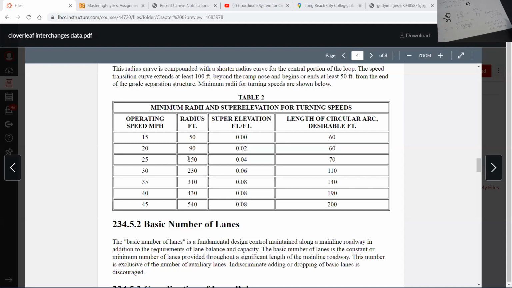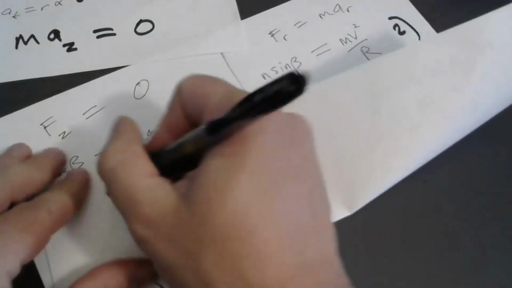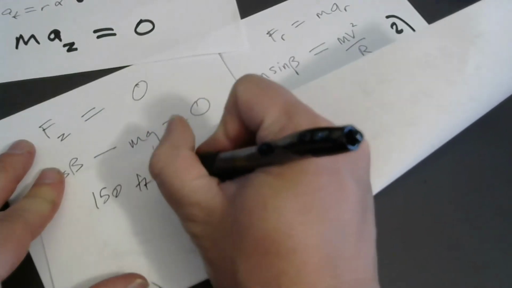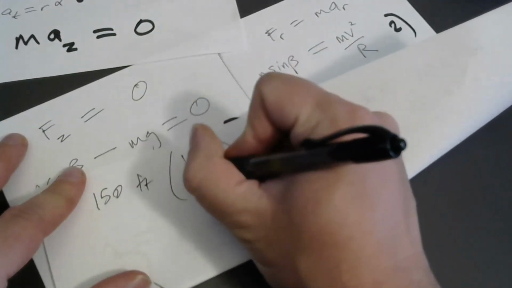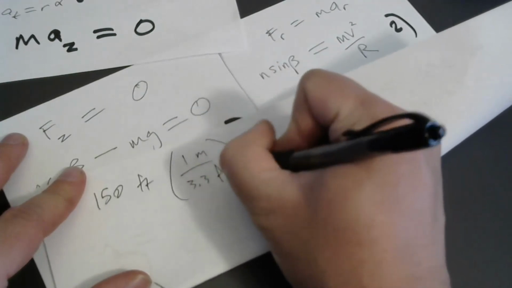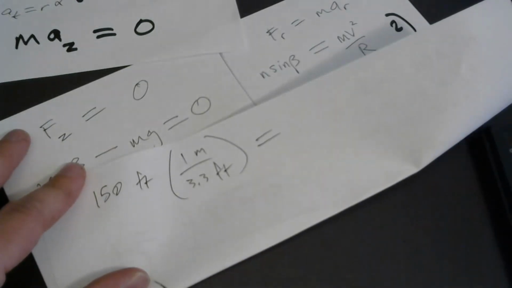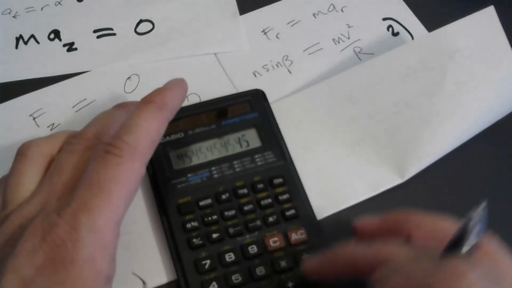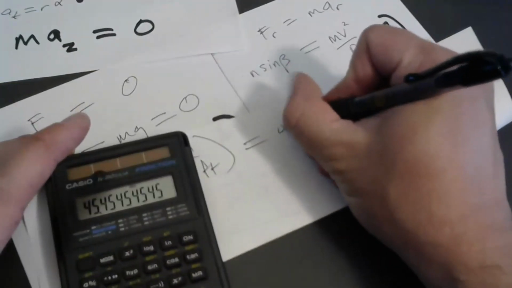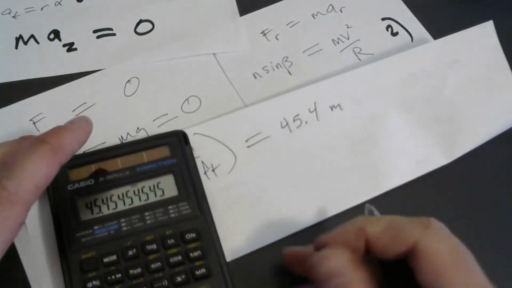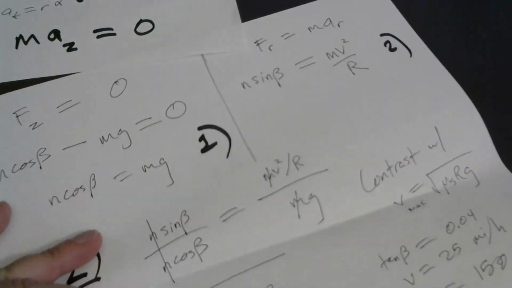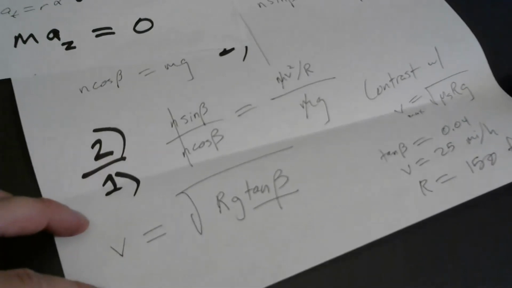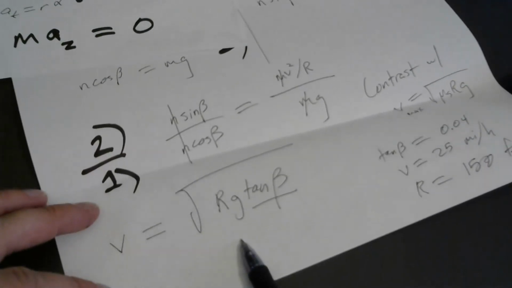Well, those are not SI units, so we're going to have to convert those first. 150 feet times, well, 1 meter is roughly 3.3 feet. So we're talking about a radius of 45.4 meters. And at the end, we'll convert our speed back into miles per hour.